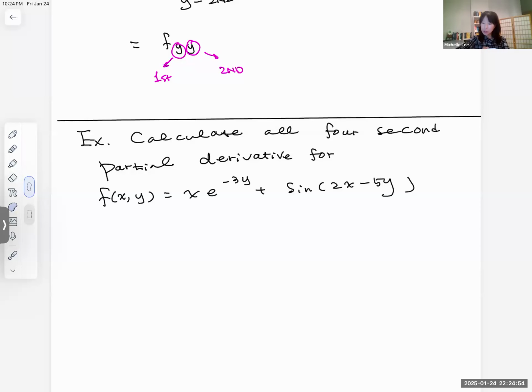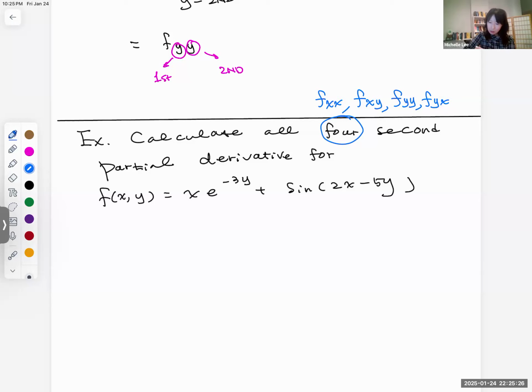So we have a function here. Calculate all four second partial derivatives for that function. We should know that we need to find the partial derivative with respect to x, then x; with respect to x, then y; with respect to y, then y; and with respect to y, then x. Okay, let's do that.